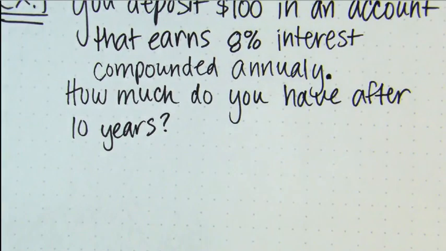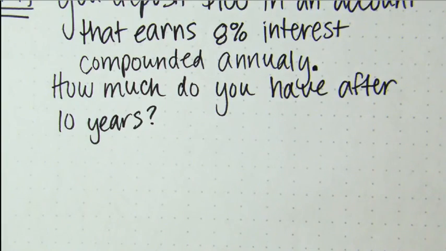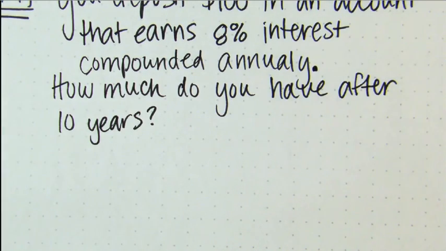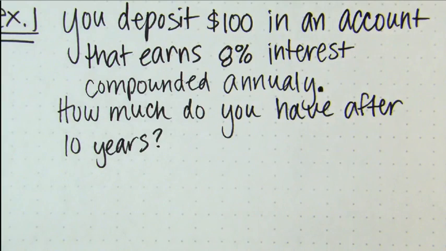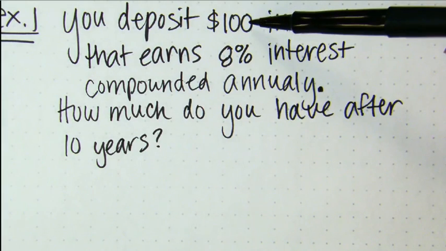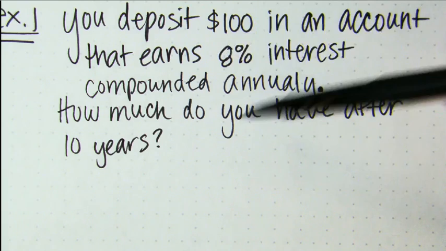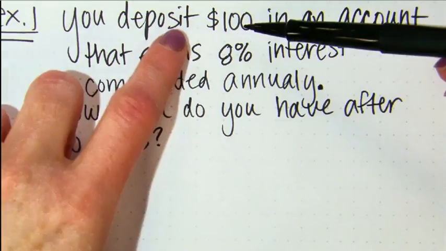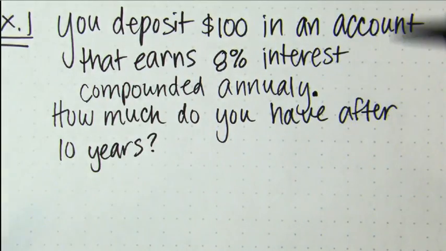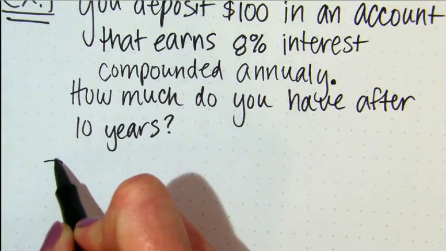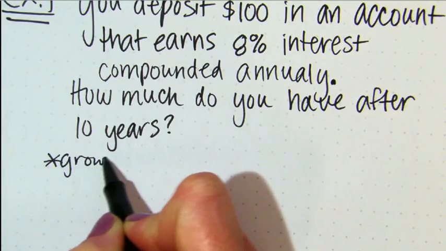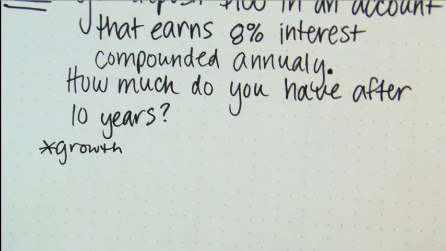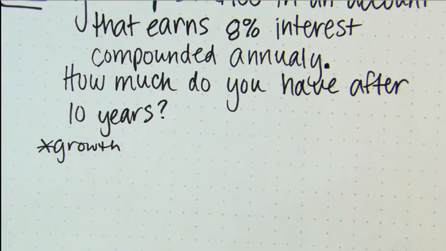So the first thing we're going to do is identify everything that we need to identify. First, is this a growth or a decay? A growth, right? Whatever's happening in the problem, is it going to make what we start with get bigger or smaller? If it's going to get bigger because we're earning interest, it's a growth. So just make a little note that it's growth. We want to do that so we make sure we're using the right format of the equation.